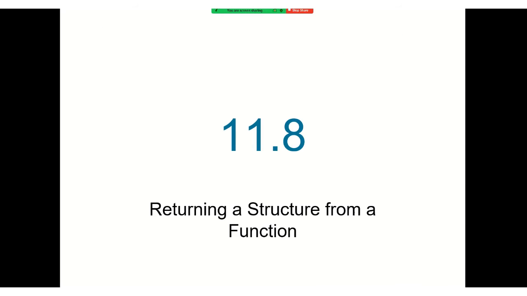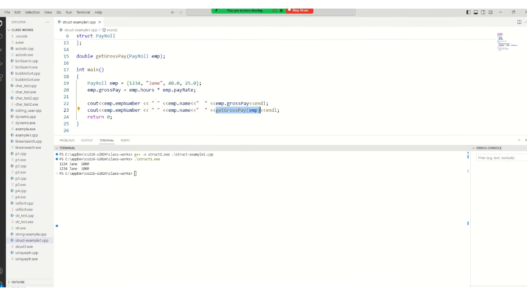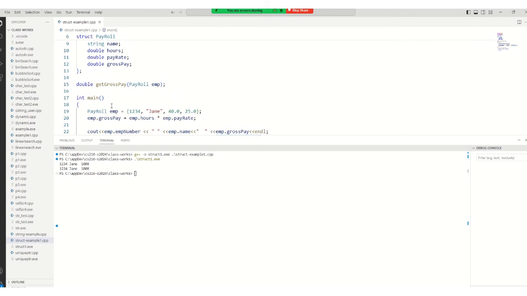Let's go to the next item, returning a structure from a function. That is also viable. A simple example, we don't need too much discussion on this topic, but instead of returning a double, you may return your structure itself.